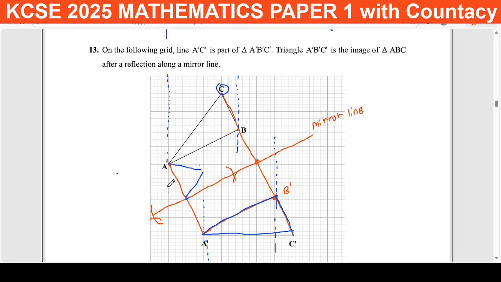All these things should go hand in hand, and that is what really makes mathematics juicy, cool and interesting, because you can see a lot of patterns here. Even for this one you can see that these are 2 square units, 1, 2, and then this line is supposed to cut across from one end to the other.